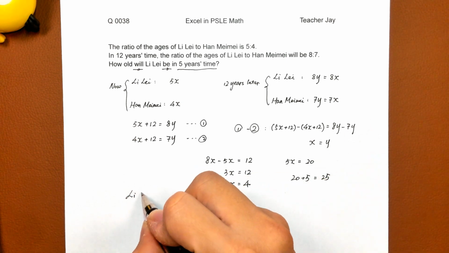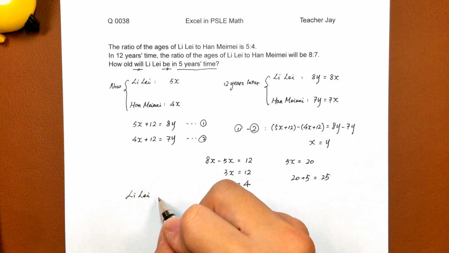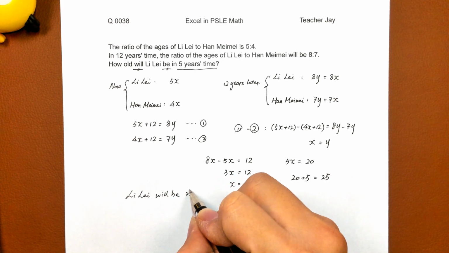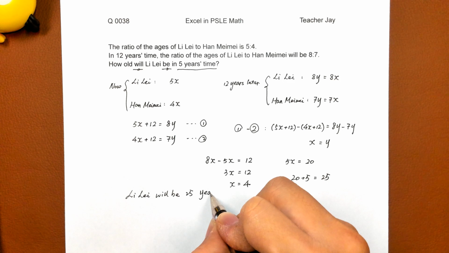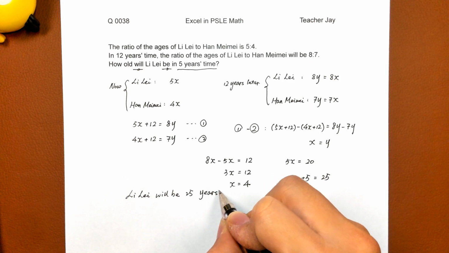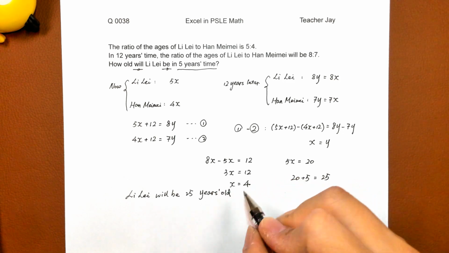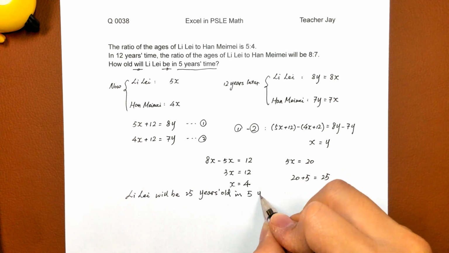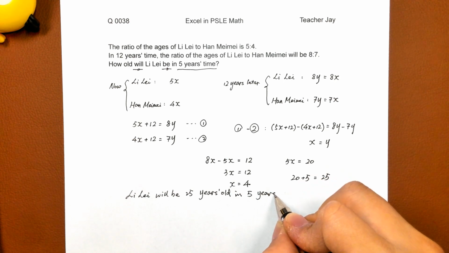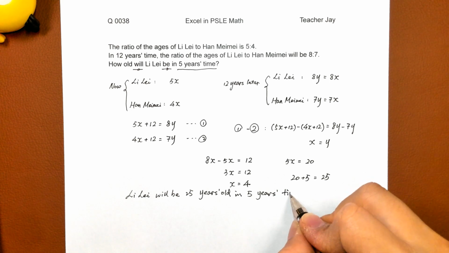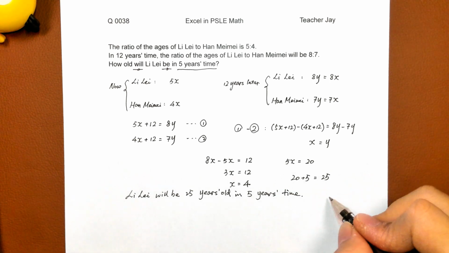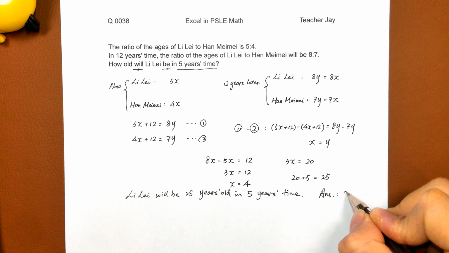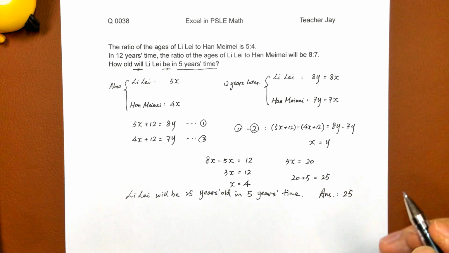Li Lei will be 25 years old in 5 years' time. Answer is 25.